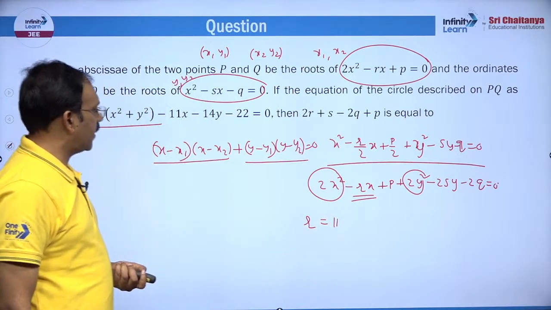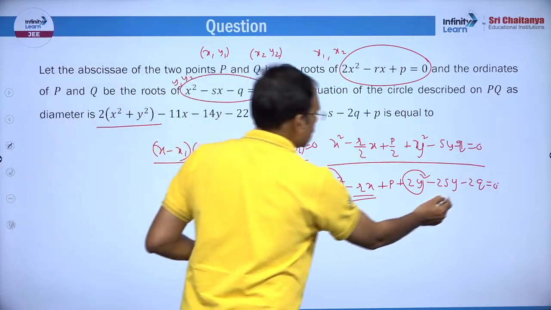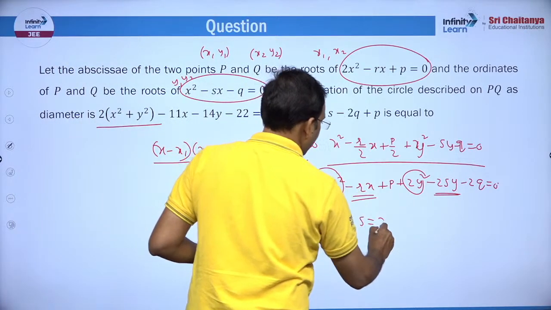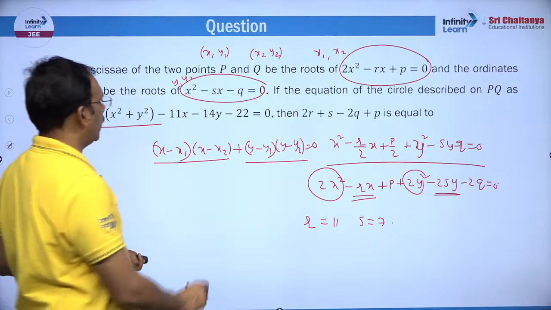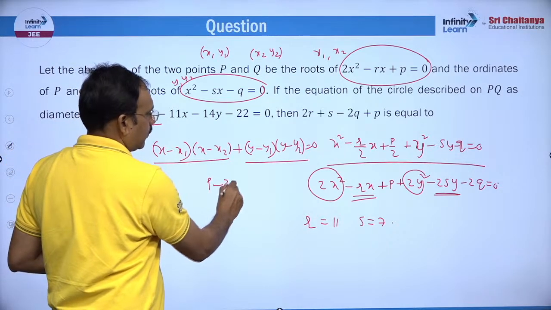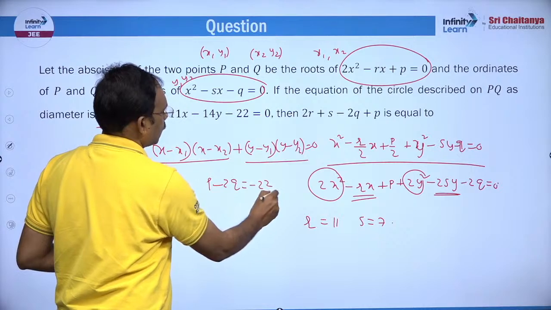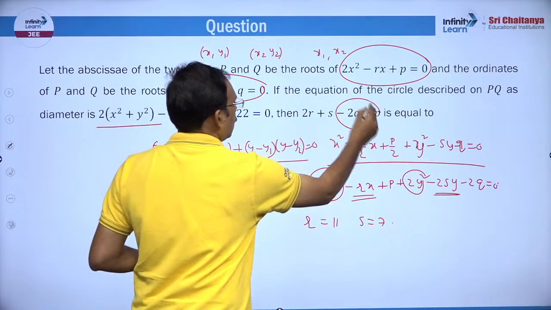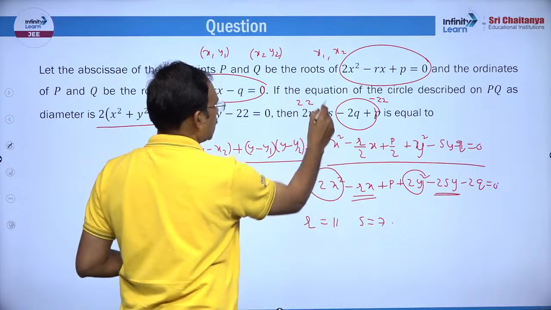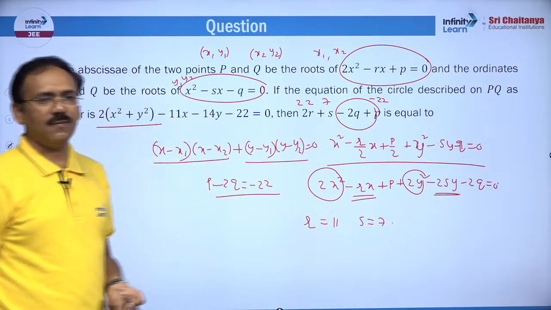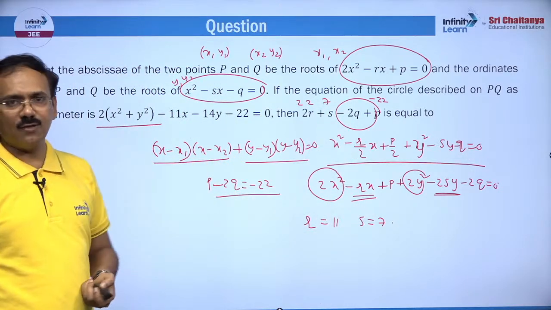Y coefficient is minus 14, that is s is equal to 7, and p minus 2q is going to be minus 22. P minus 2q is minus 22, r is 11, s is going to be 7. So the sum is 7. That's it. It's a simple standard question.